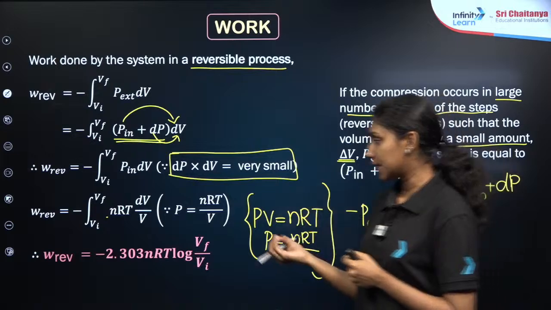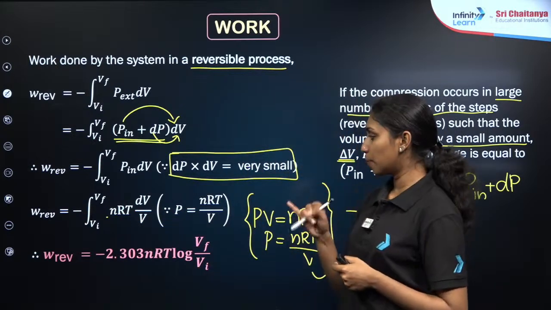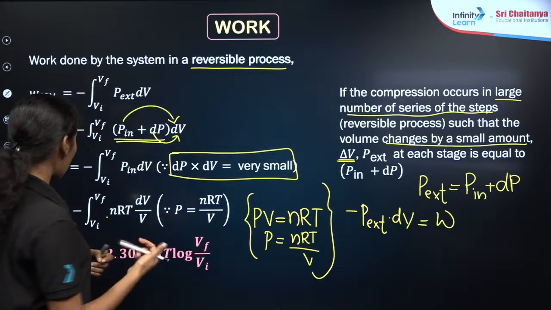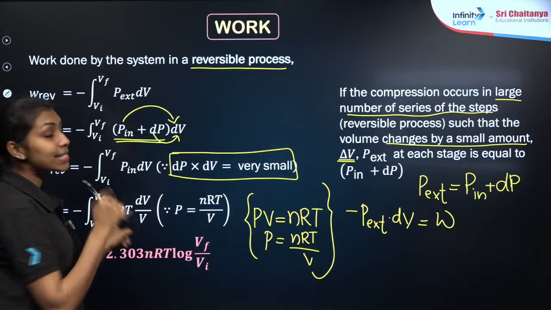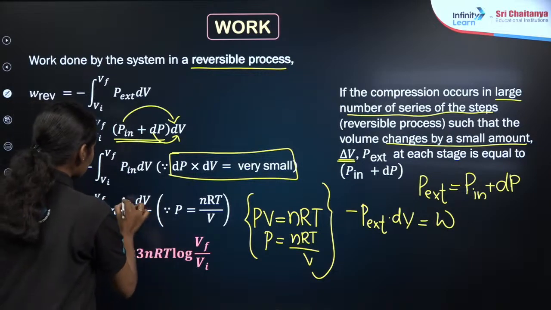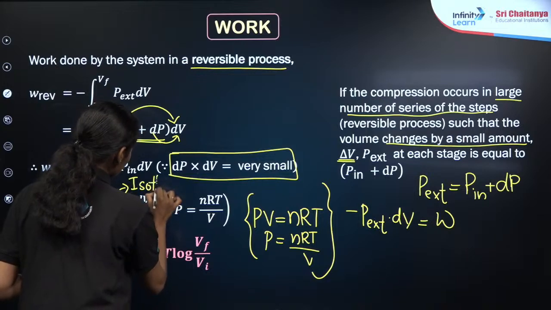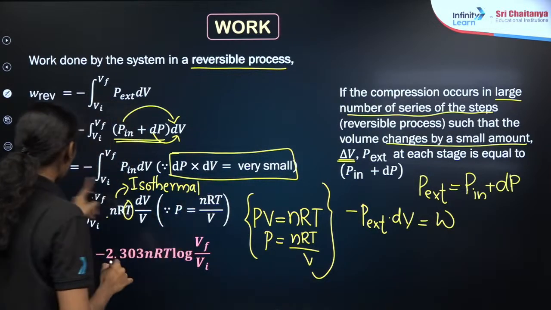Whenever you do the integration, you take these terms as constant. n is the number of moles, which is constant, and R is the universal gas constant. If we consider the process in isothermal condition, then temperature will also be constant. So all these three terms are constant, and I am taking these terms outside.